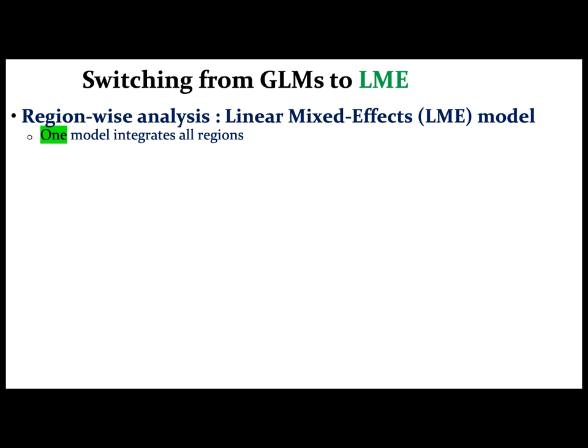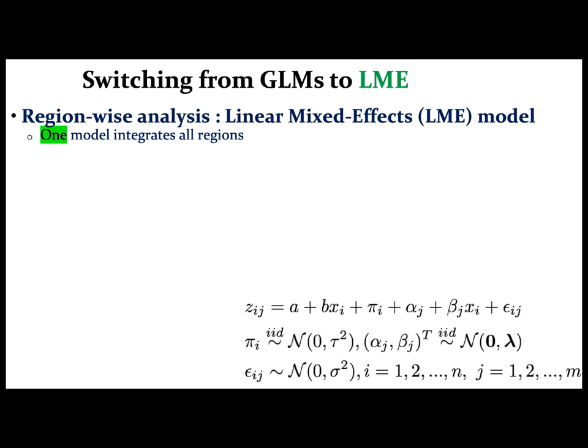So let's do something different. Basically, we build one model. On the previous slide I showed 21 ROIs with 21 models. Now we build one model, which is why here I have 2 indices. The first part, a plus bx, is exactly the same as the previous slide.